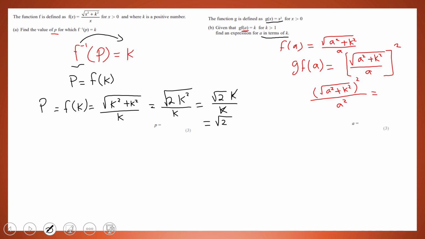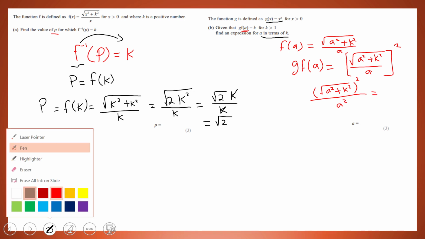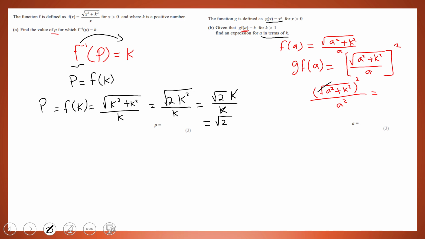So the square cancels the root, so it's going to be a squared plus k squared all over a squared, and this is supposed to equal k, so you're going to equate a squared plus k squared all over a squared is equal to k.